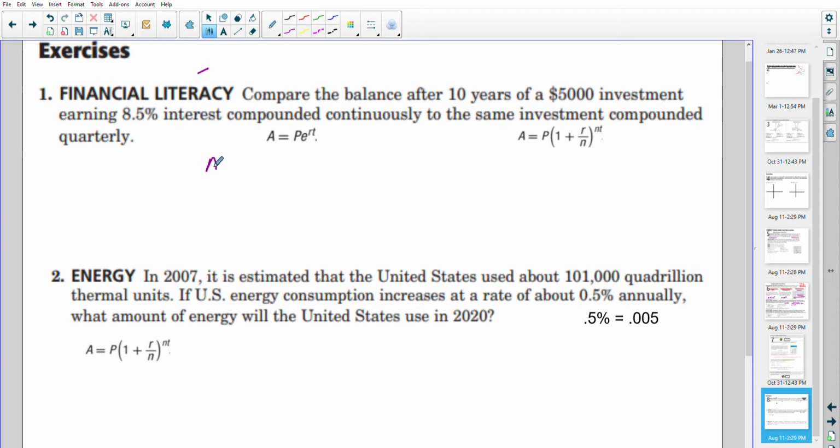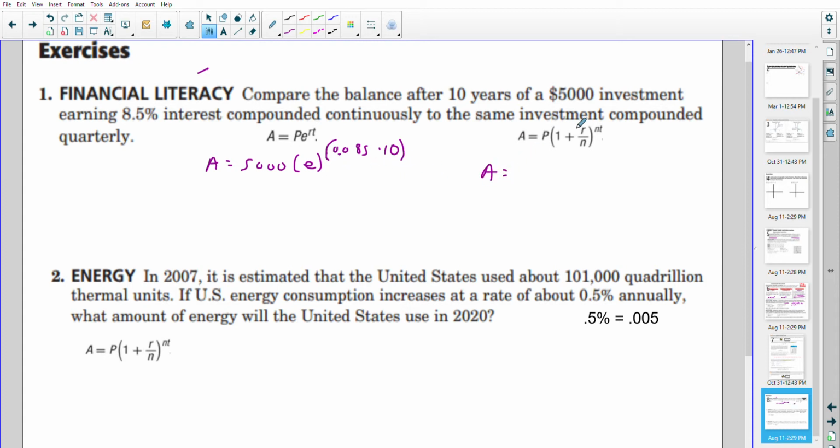In this case, you're solving for A, starting with 5,000, and it says compounded continuously, so it's going to be E to the R, which is the rate, 0.085. Moving the decimal 2 places to the left changes that into a decimal, and then that is going to be times 10. So we're going to put that in parentheses when you use your calculator.